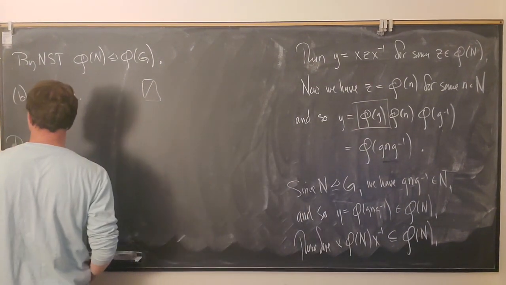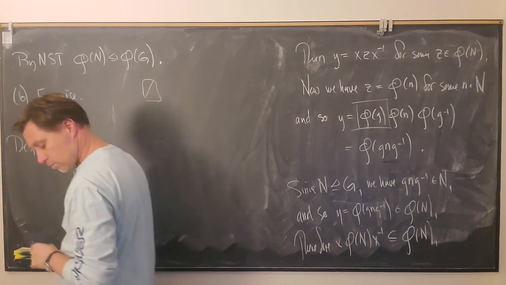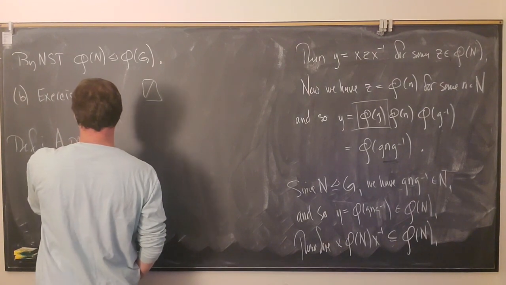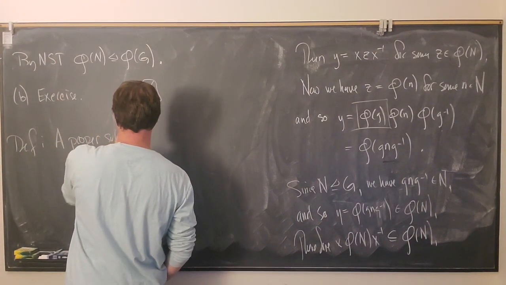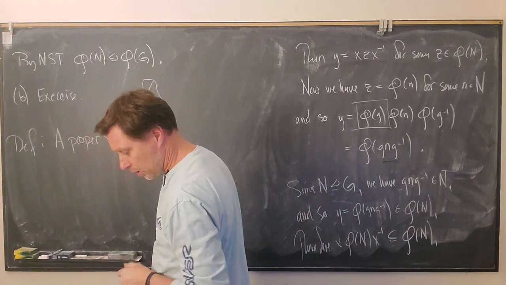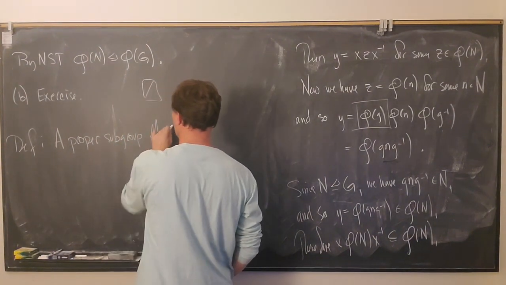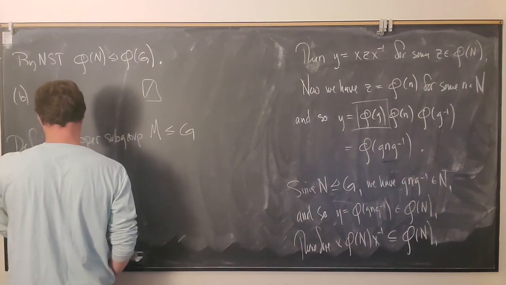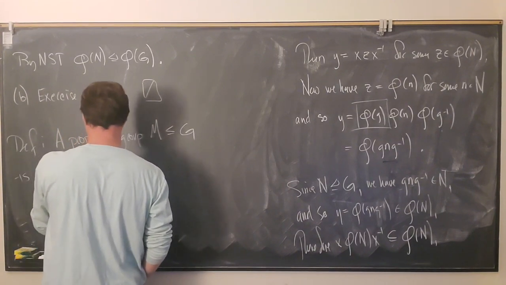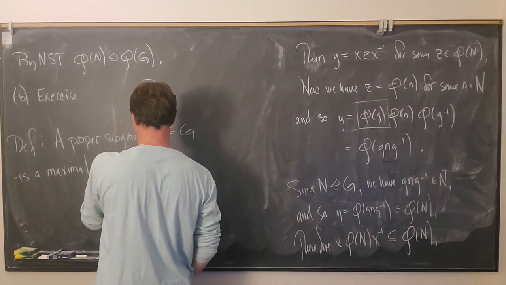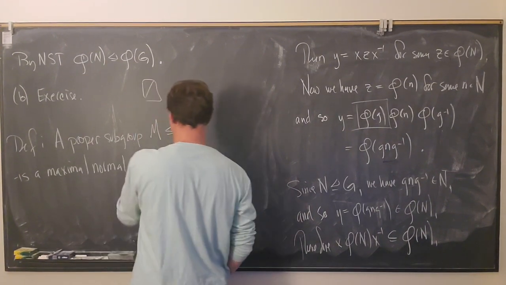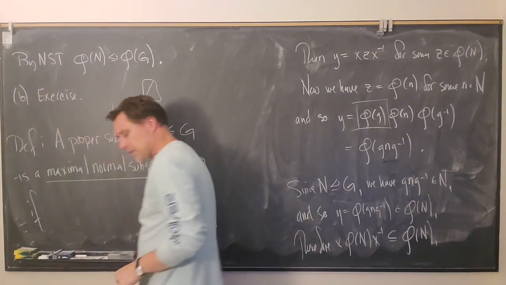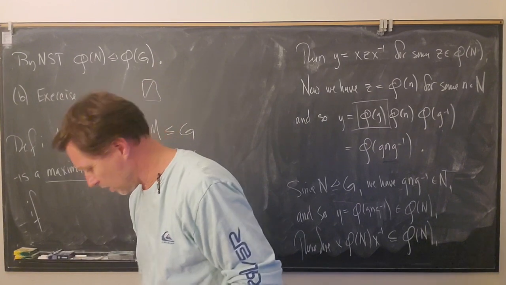Now for a definition. A proper subgroup, I want to call it M, of G is a maximal normal subgroup if, okay, so somehow we want it to be the biggest of possible normal subgroups.